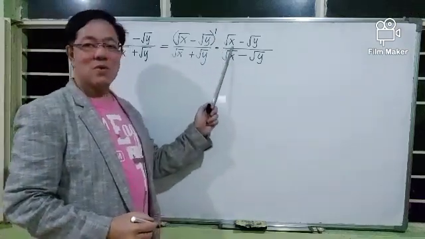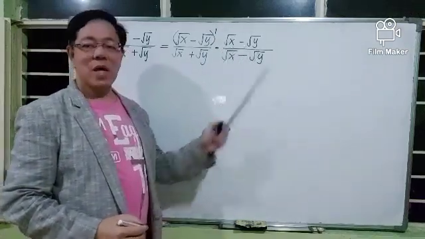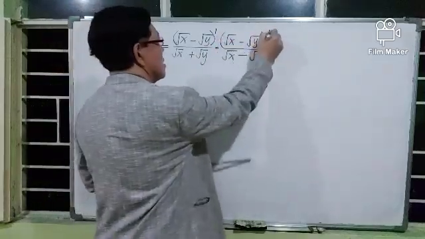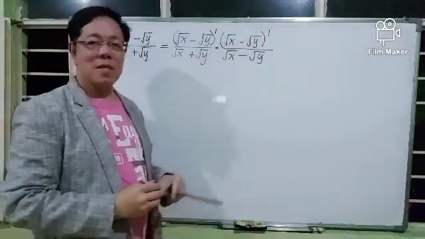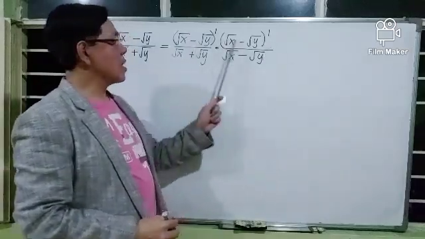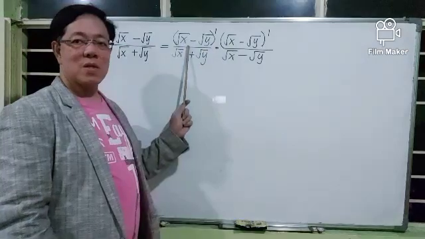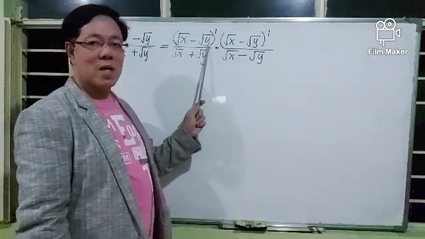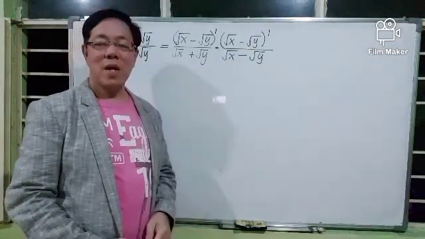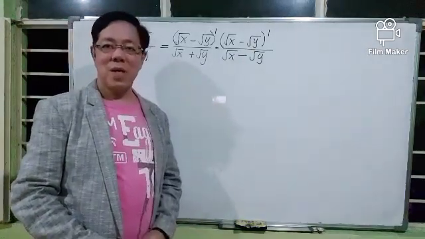Also, if you take square root of x minus square root of y as one quantity, its exponent is also 1. Now, to multiply these two, the common base is square root of x minus square root of y.